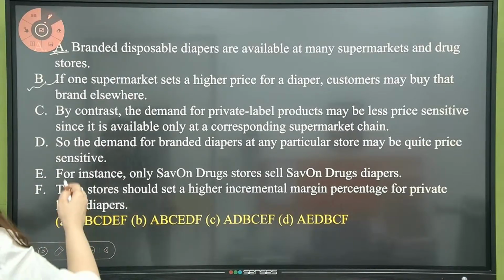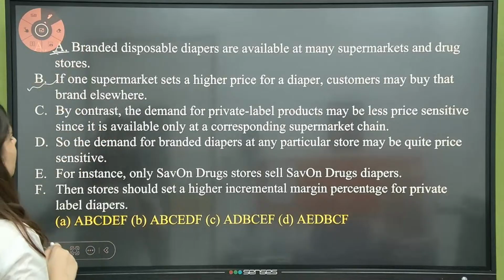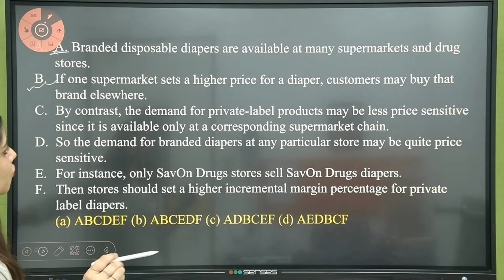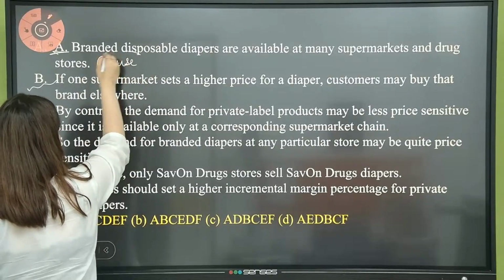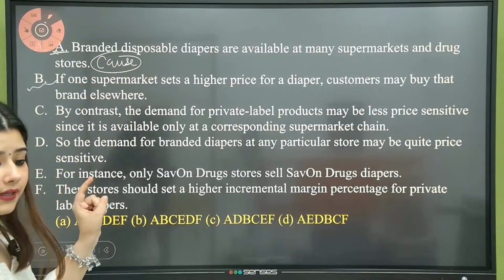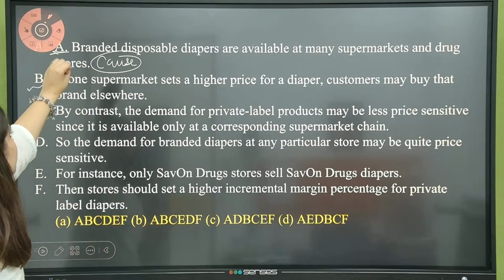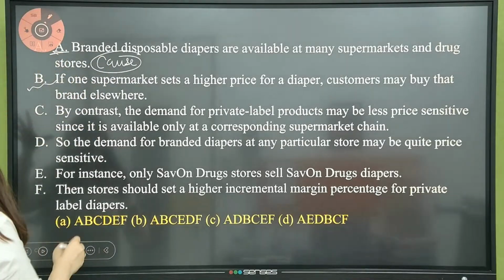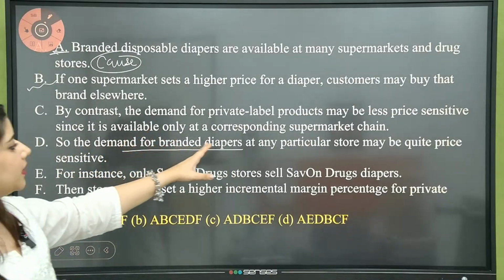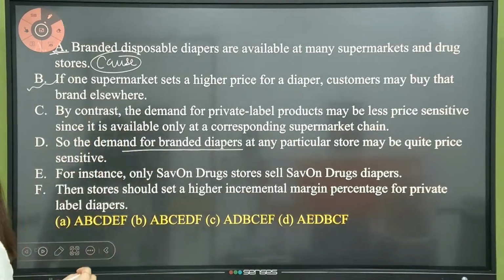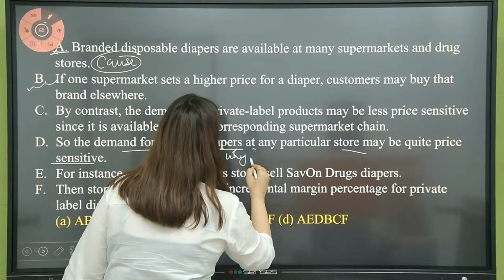Why? Because A talks about branded disposable diapers are available at many supermarkets and drugstores. So this is the cause. And what is the effect of this statement? What is happening because of this? The demand for branded diapers at any particular store may be quite price sensitive. Why?